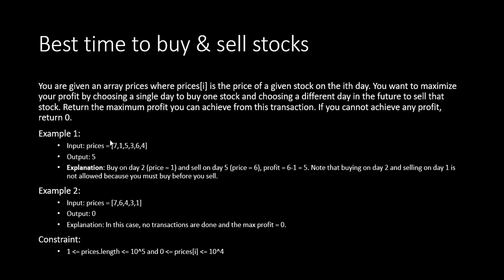In reality, they may hold or wait, but here you can say profit zero, because there's no profit. Again, a constraint on data type selection: you can see that prices can go from 1 to 10 to the power 5.